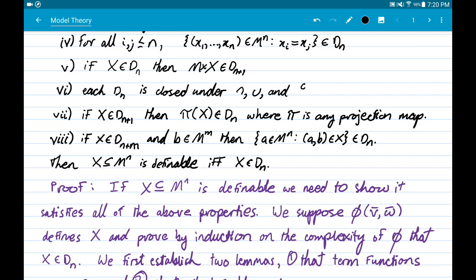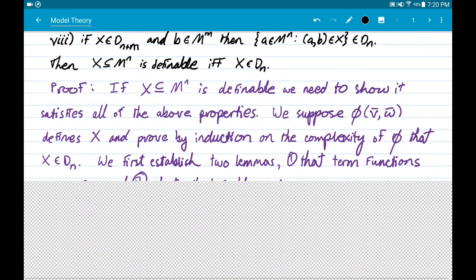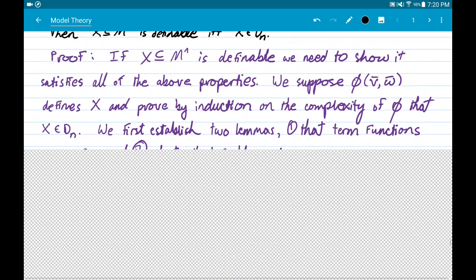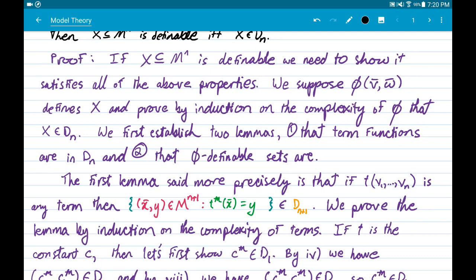needed definable sets. So, okay, with that set up out of the way, I'll just jump into the proof, right? So we are going to prove that if a given set is definable by some phi, then it satisfies these properties.